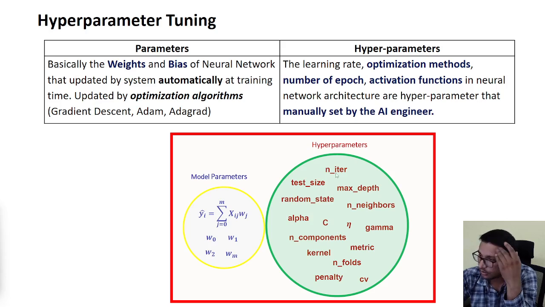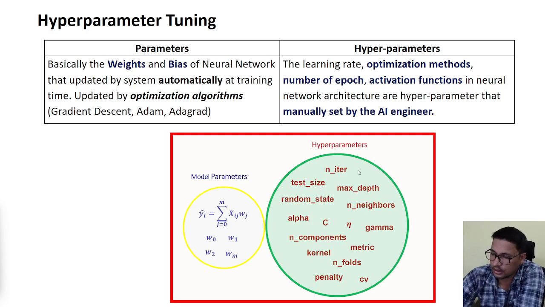And similarly, the number of iterations, the size of the test case, and other things. These are some things that the AI engineer should manually adjust during the training time. And if we select these hyperparameters properly at the training time, then obviously our result could be very good. That's why hyperparameter selection is one way to improve the model performance.